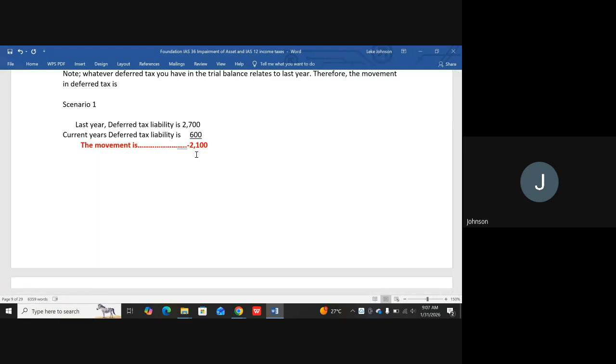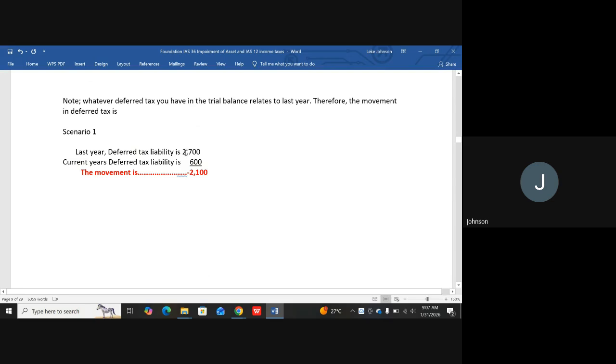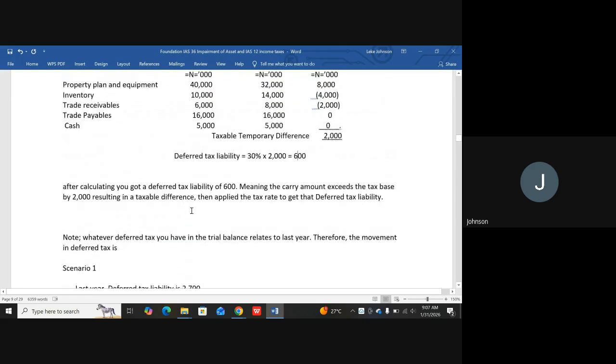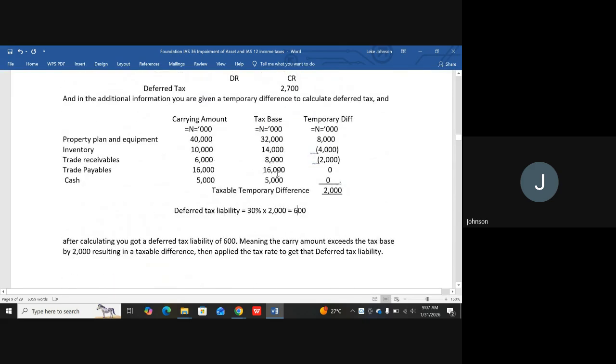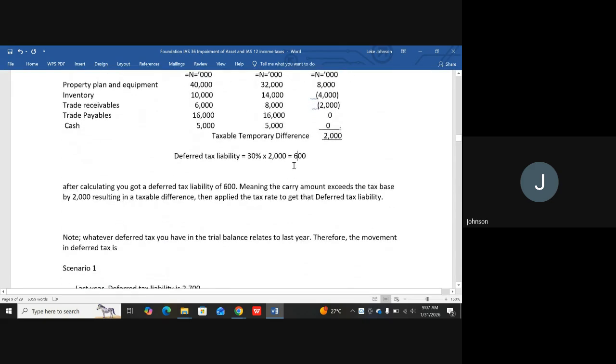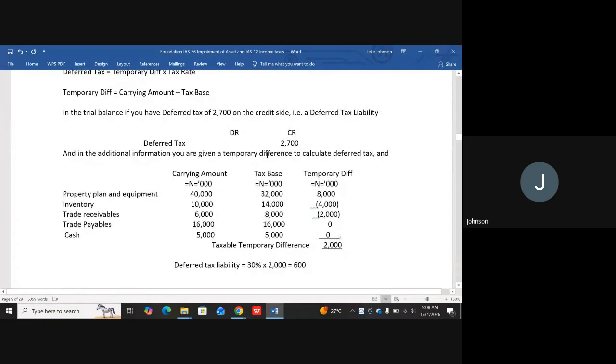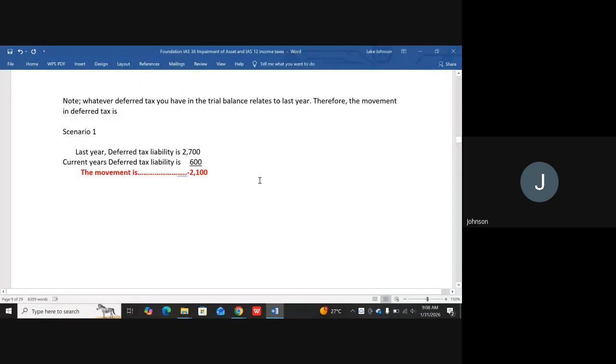You can see that here you are not adding. Both of them are deferred taxes. Last year, in our books, we said we are owing government 2,700, right? This year, when we now calculated it, we say that is now 600. So per period, both of them are balances. We don't need to pick what we have. So we are going to look at the movement now.